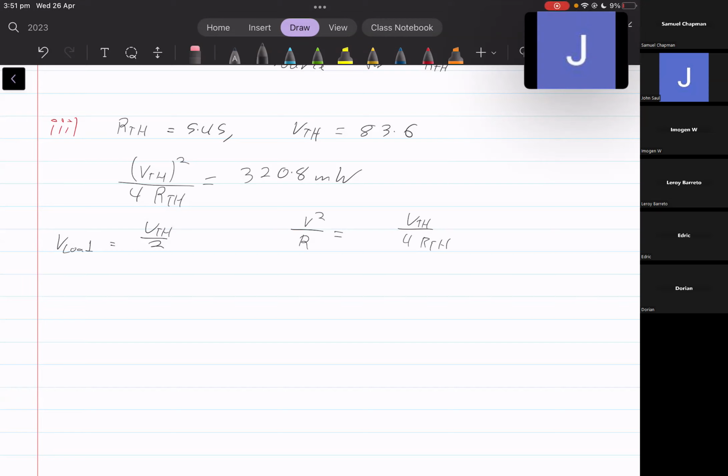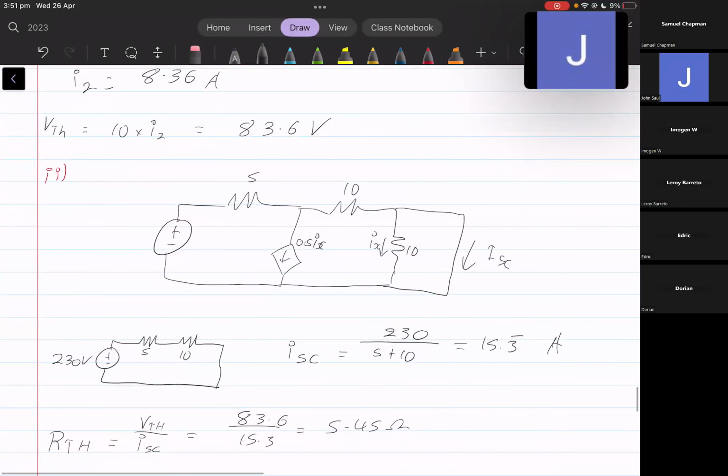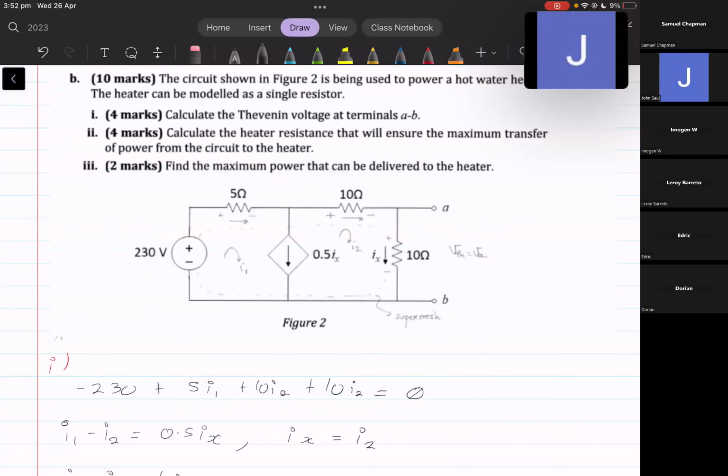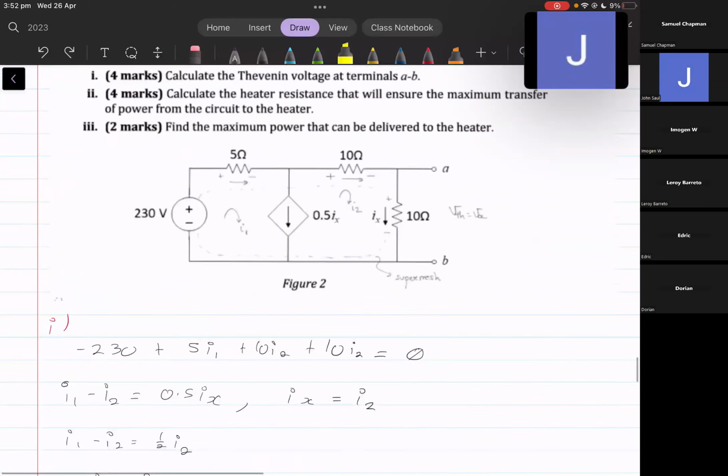You know how you did mesh, super mesh analysis in the first part? Yeah, so because of this current source, we use a super mesh, and super node when we can just write a formula for the two of them very easily, because there's a source between them.